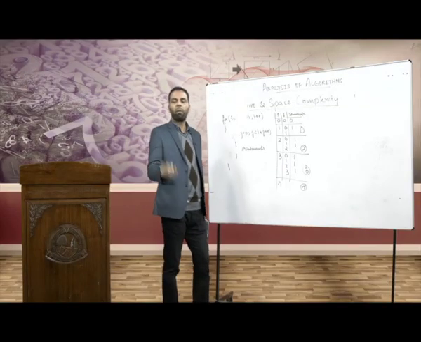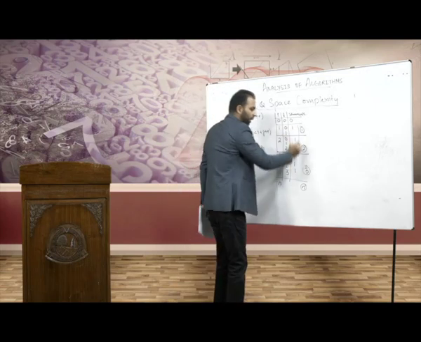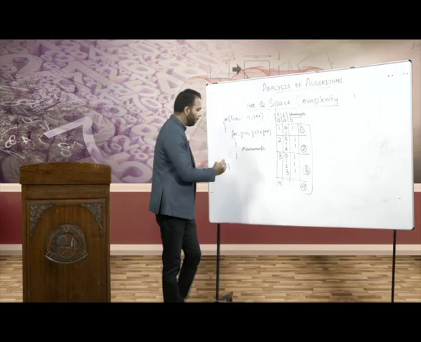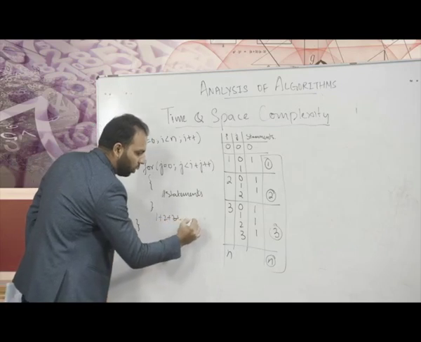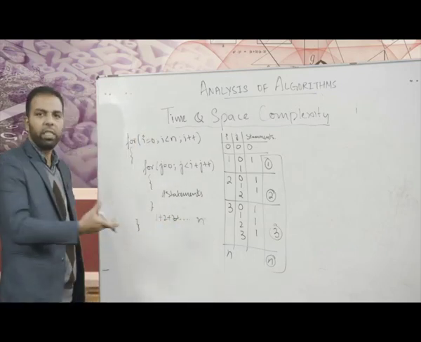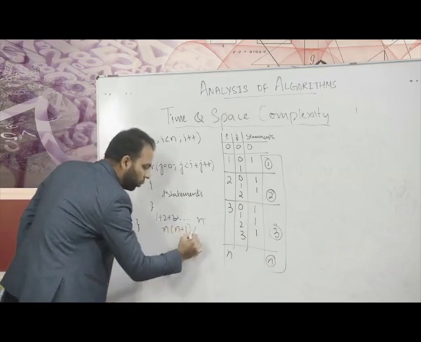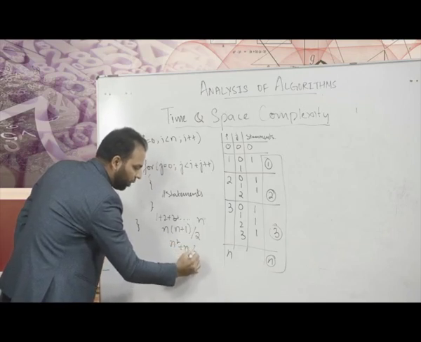So what is the total number of statements? You have to add these values. We'll simply add 1 plus 2 plus 3 and so on up to n. And what is this? This is the sum of n natural numbers. It is equal to n into n plus 1 divided by 2. So it will be n square plus n divided by 2.